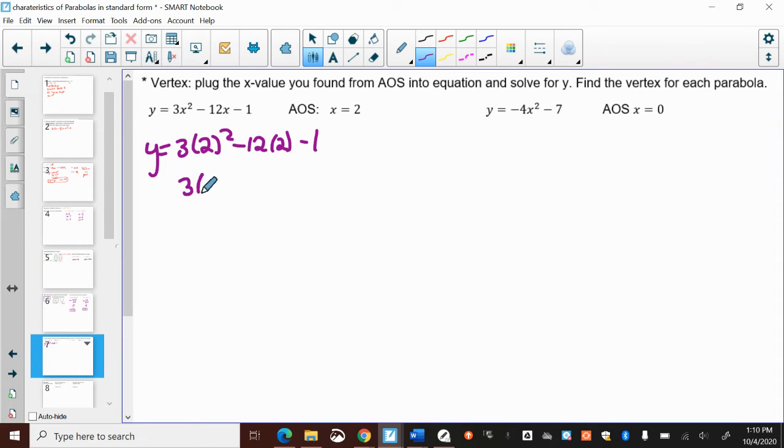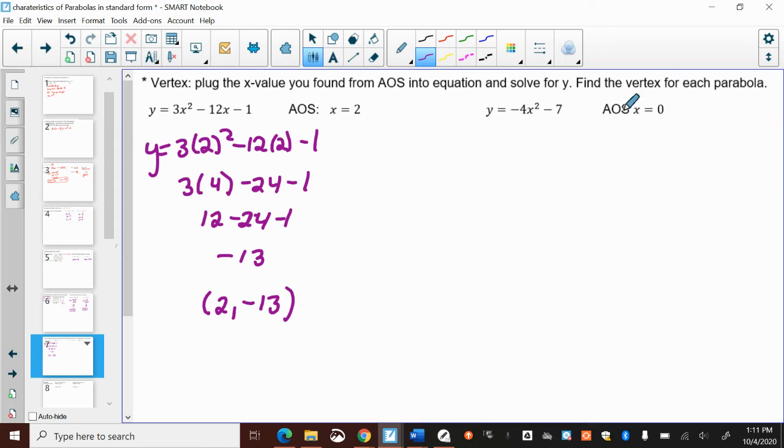This is going to be 3 times 4 minus 24 minus 1. 12 minus 24 minus 1. And when you put all that together, you get negative 13. So this becomes the y value. So our vertex is going to be 2 from the axis of symmetry, and then the y value associated with it, minus 13. Let's try that one again, except with our other equation.